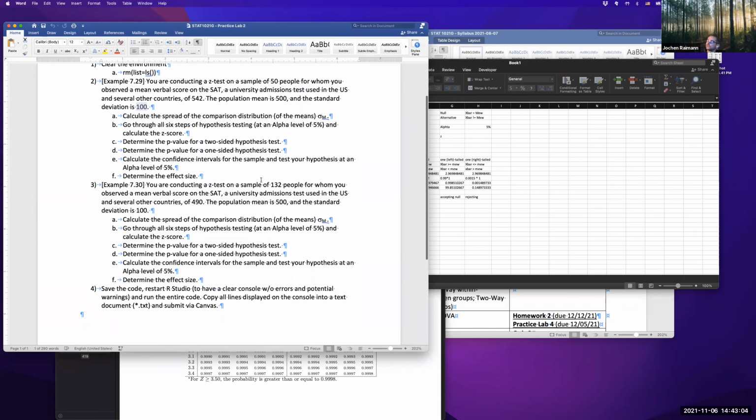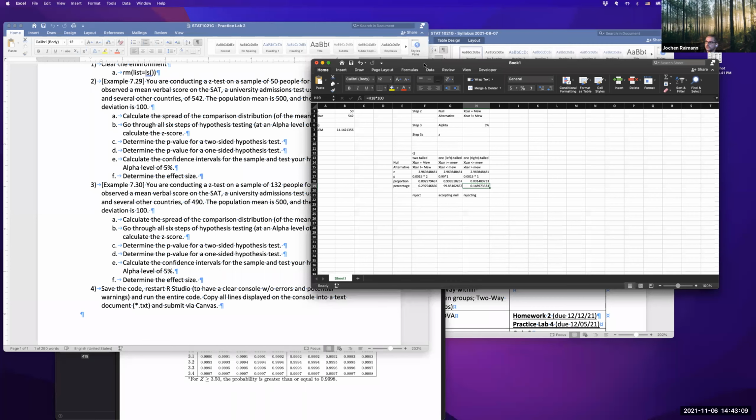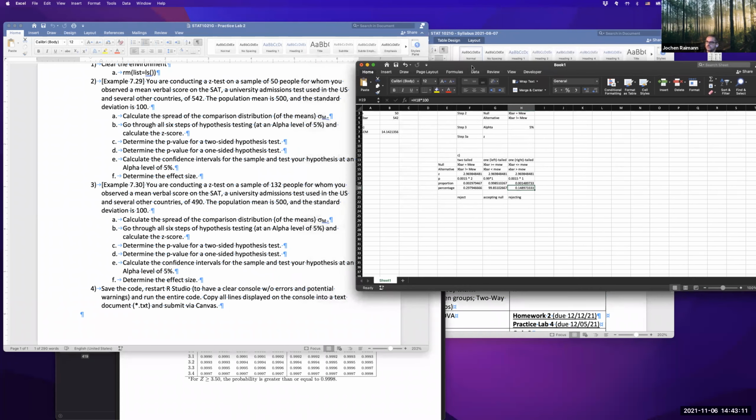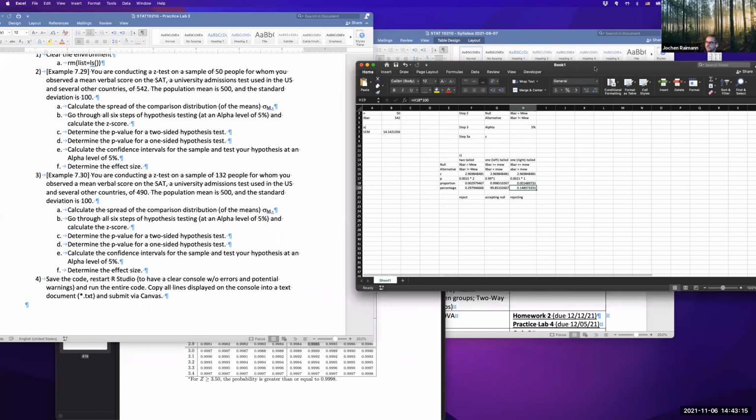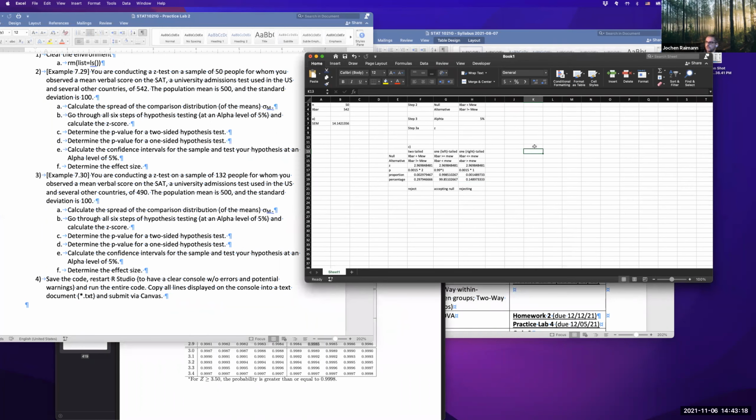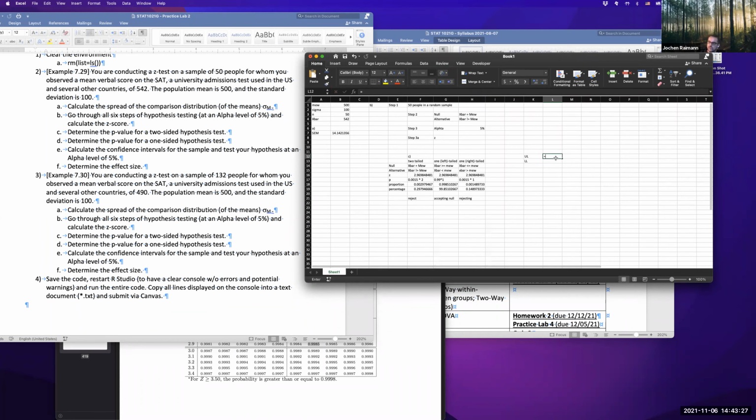So now we're calculating the confidence intervals. You're easily doing that by, you do confidence intervals, you do upper limit, you do lower limit. You're calculating your x bar plus 1.96 multiplied by your standard error of the mean.